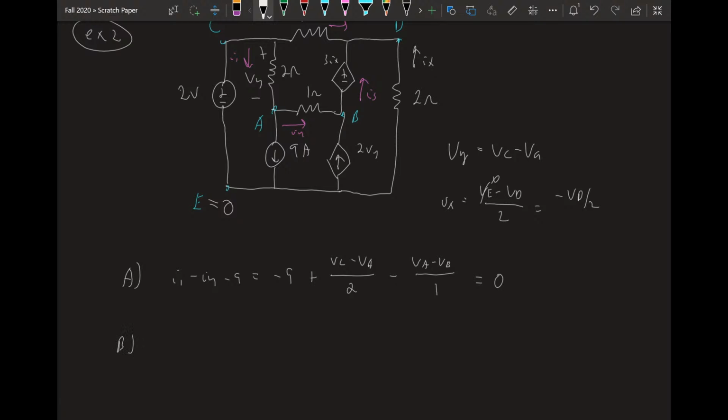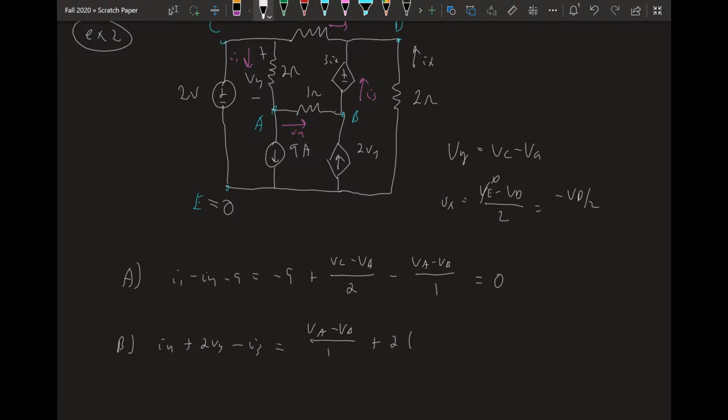Moving on to B. Node B is I4 going into it plus 2VY minus I3. This equals 0. Let's rewrite it. What is I4? Well, we had that before. I4 is VA minus VB over 1. Perfect. What is 2VY? Well, 2VY is a current. But we know VY is VC minus VA.